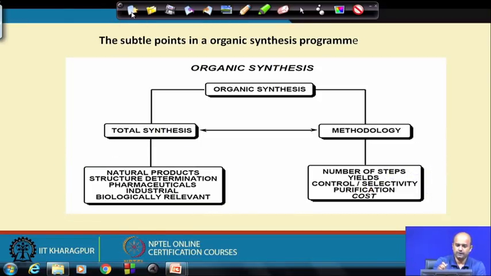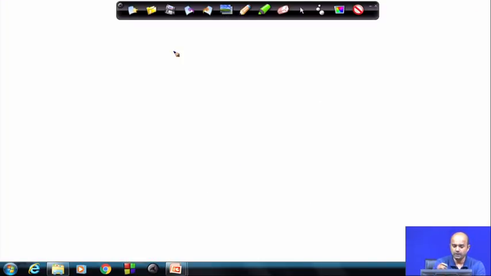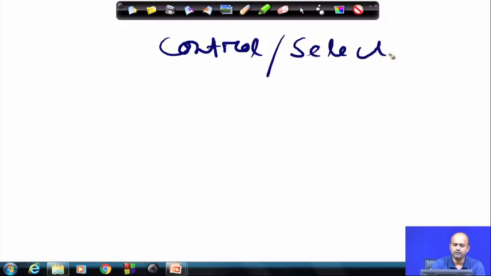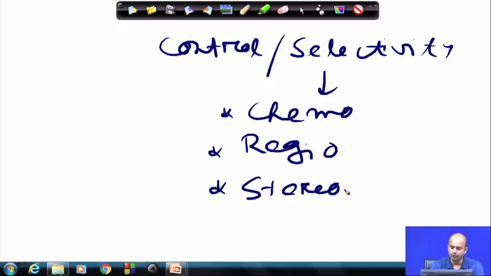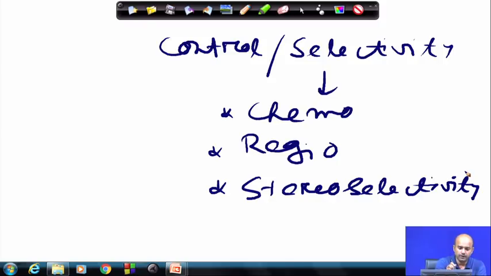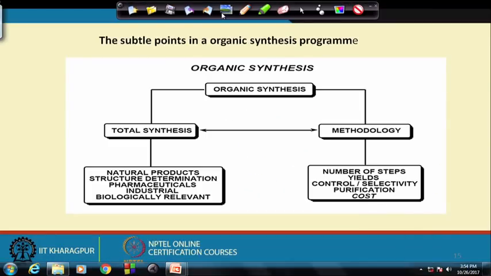When you talk about selectivity, it basically implies everything. It implies chemoselectivity, regioselectivity, and stereoselectivity. All these points need to be clearly addressed in your synthetic design or synthetic pathway, then your entire pathway will be quite viable.